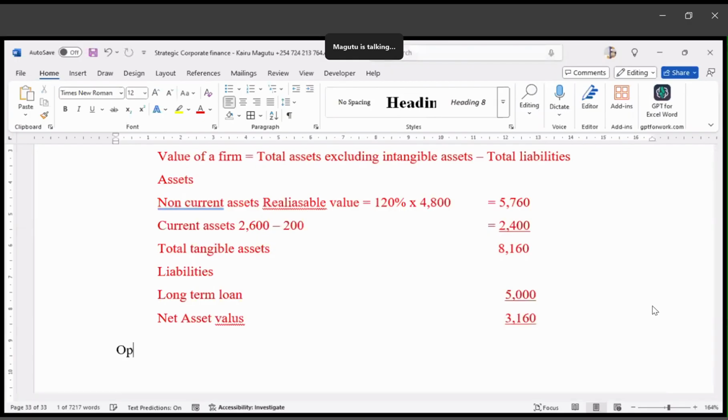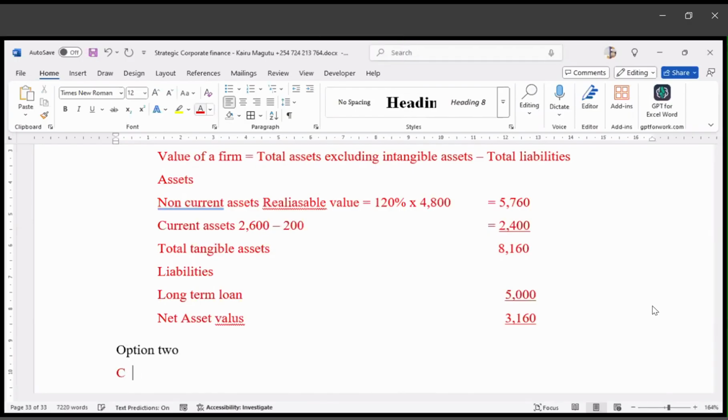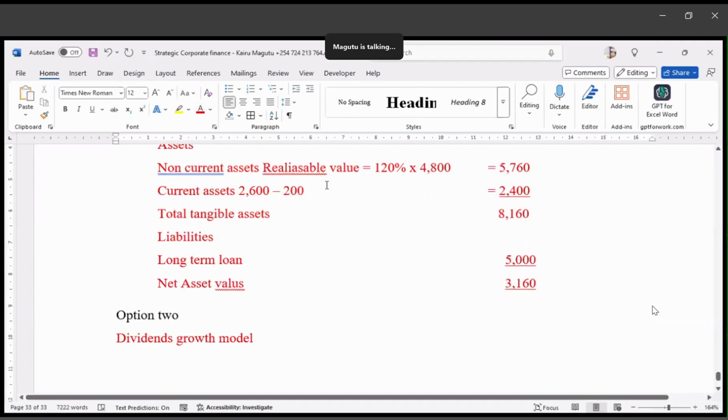So option two, the constant dividends growth model. What information do we have?